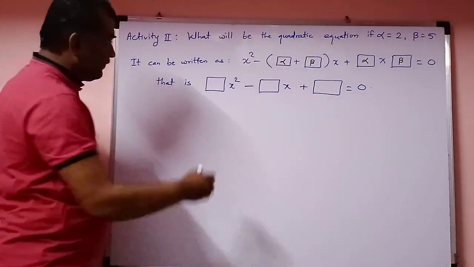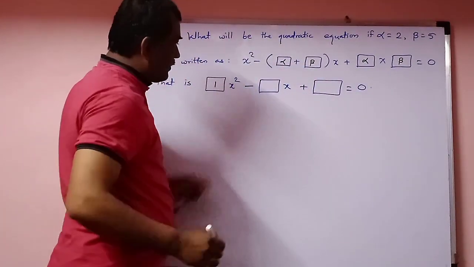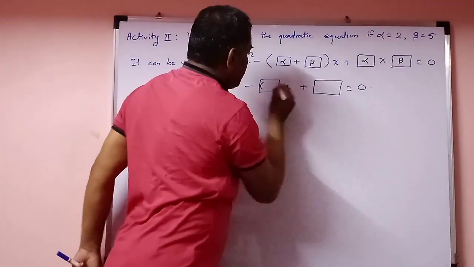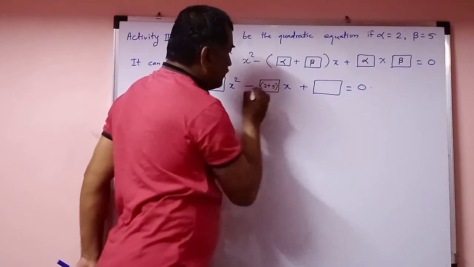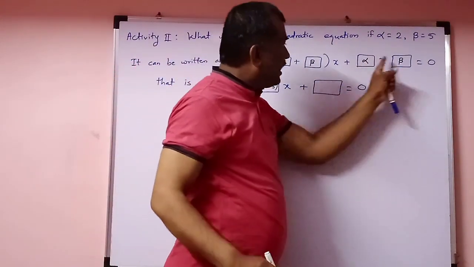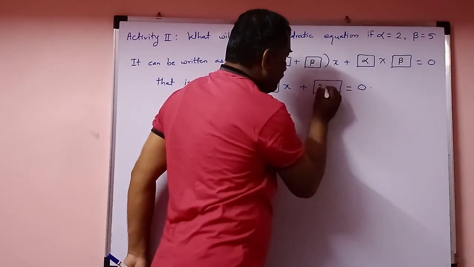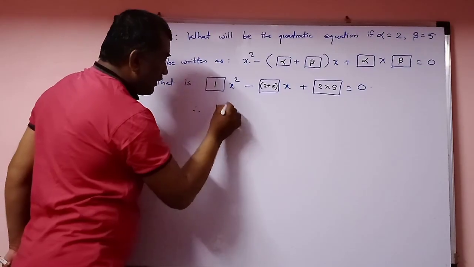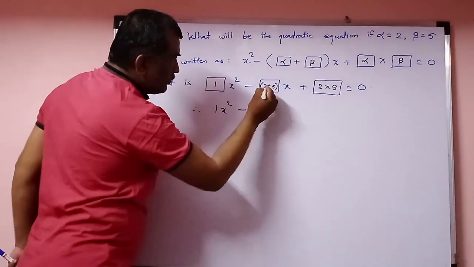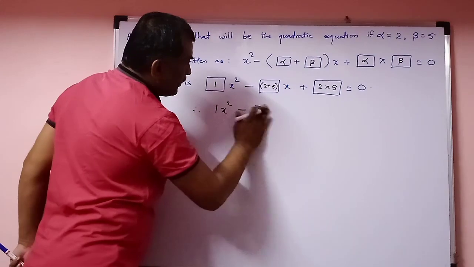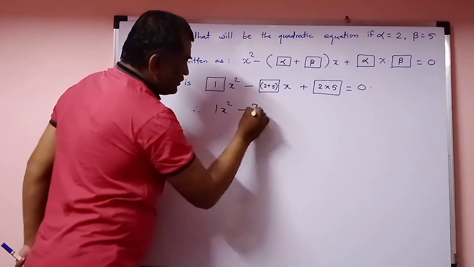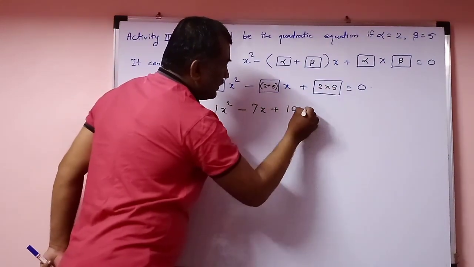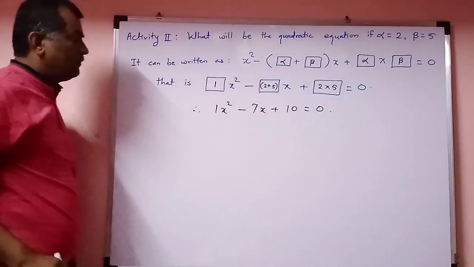That is 1x square minus into bracket alpha plus beta, means 2 plus 5, x plus alpha into beta, means 2 into 5. Therefore 1x square minus 2 plus 5 is equal to 7x plus 2 fives are 10 is equal to 0.